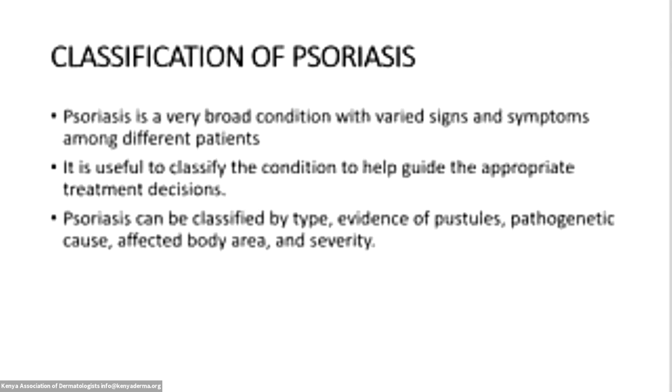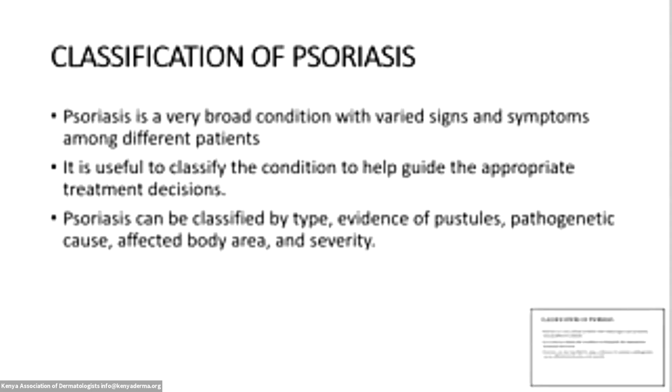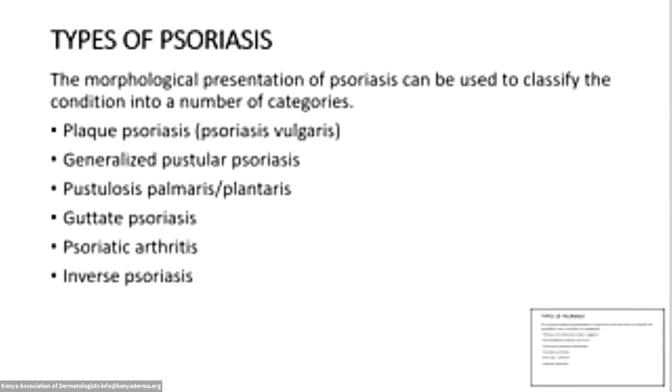So in terms of classification of a very broad condition with varied signs and symptoms among different patients, it is useful to classify the condition to help guide the appropriate treatment decisions. And this classification can either be in terms of the type, the evidence of pustules, pathogenetic cause, and body area and severity of psoriasis.